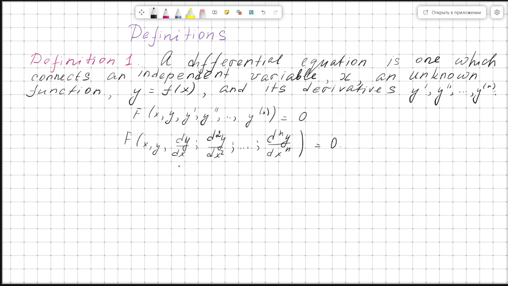If the sought for function y is f of x is a function of one independent variable, then the differential equation is called ordinary.